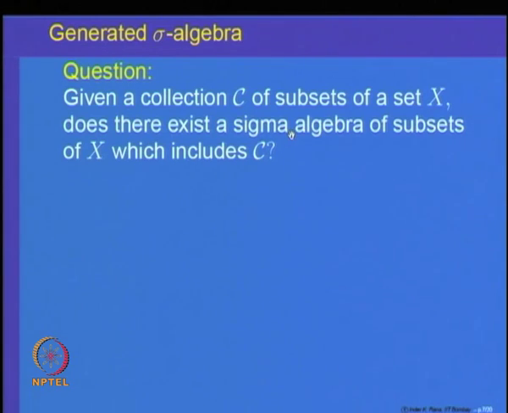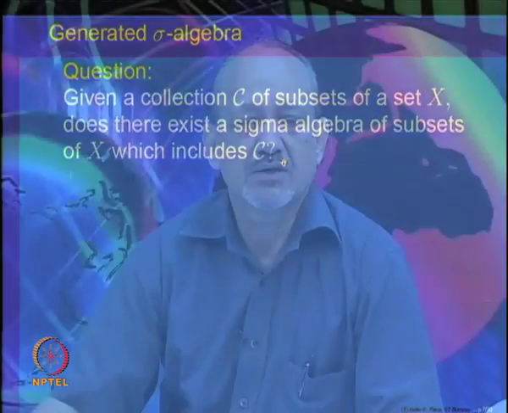So, the question arises, can we find a sigma algebra of subsets of the set X which includes this collection C? In some sense this collection C may not be closed under complements or may not be closed under taking countable unions. So, we would like to enlarge it so that it becomes a sigma algebra.